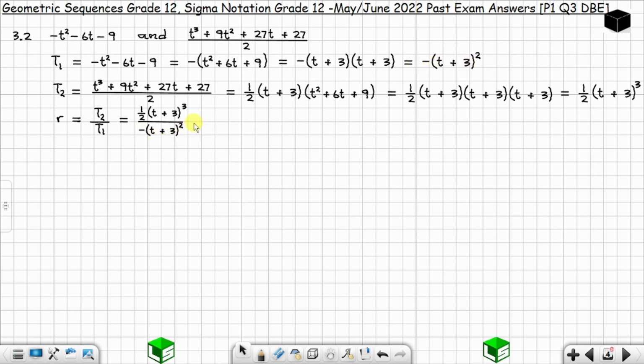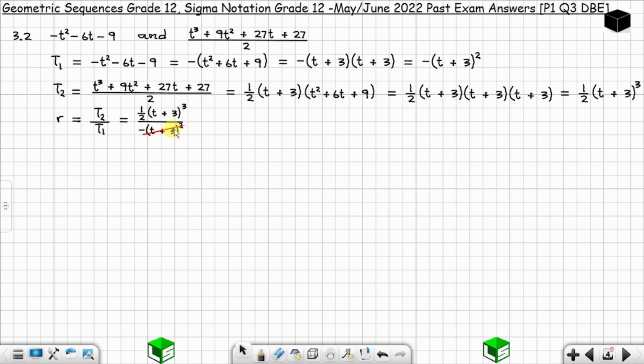And what is now your common ratio? Can you see you can simplify? You have t plus 3 two times, and you have t plus 3 three times. So you can simplify these two with 2 at the top. You only remain with 1 at the top.